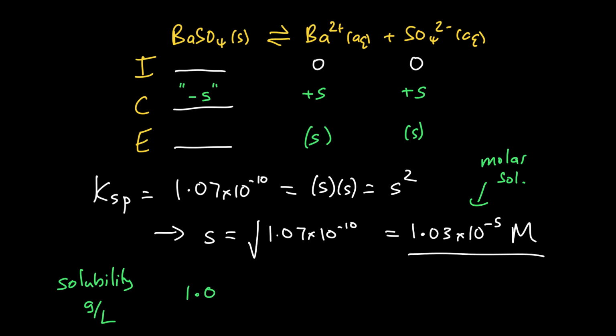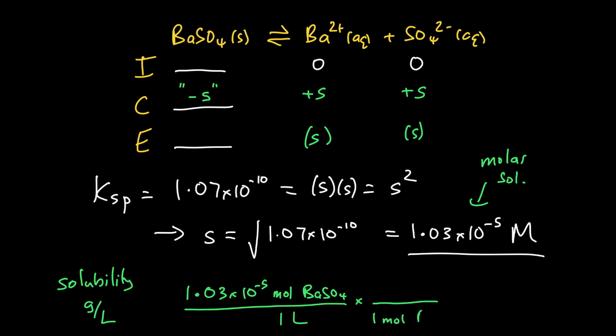We can say there's 1.03 times 10 to the minus 5 moles of barium sulfate dissolving in a liter of solution, which is primarily water. If we want to convert moles to grams, we just have to add up the weight of a barium, a sulfur, and 4 oxygens, which I get to be 233.4 grams per mole.